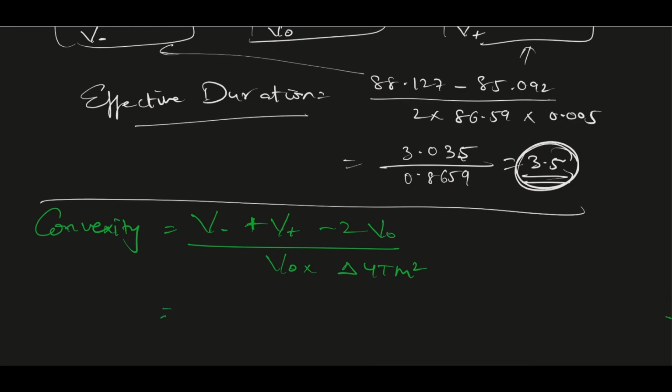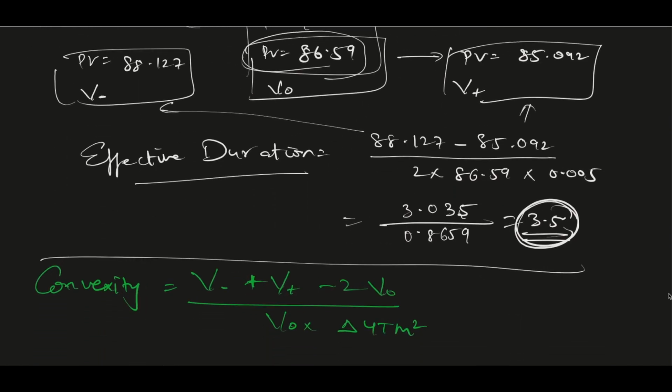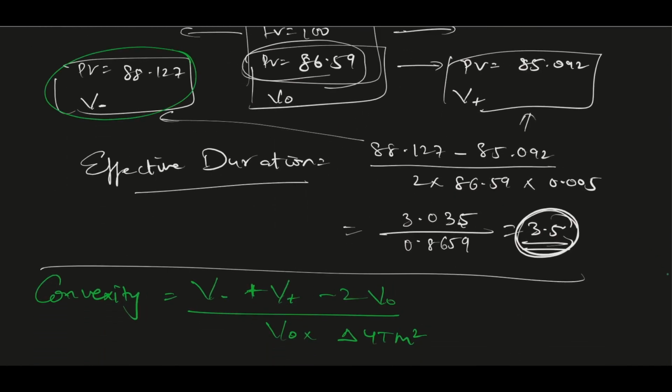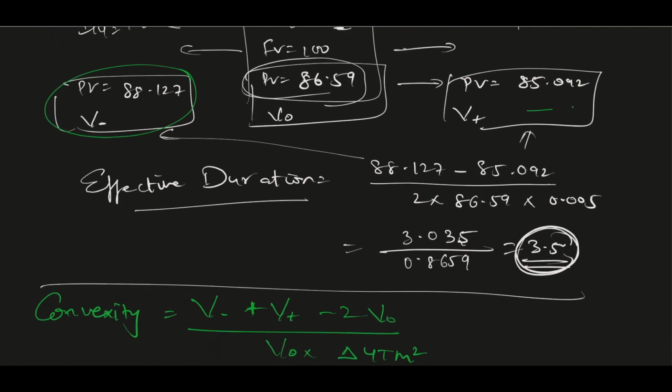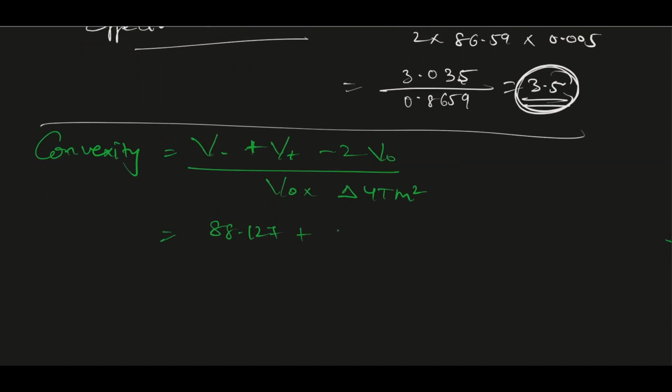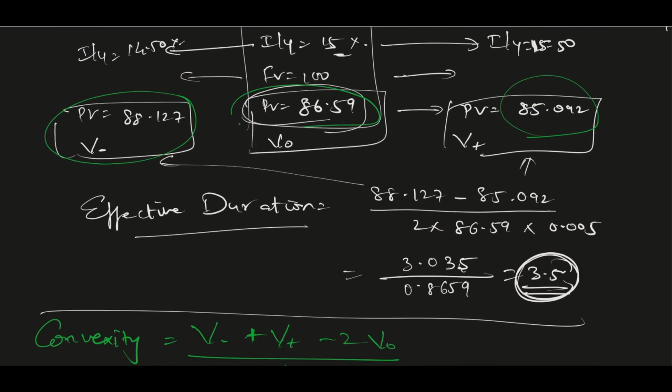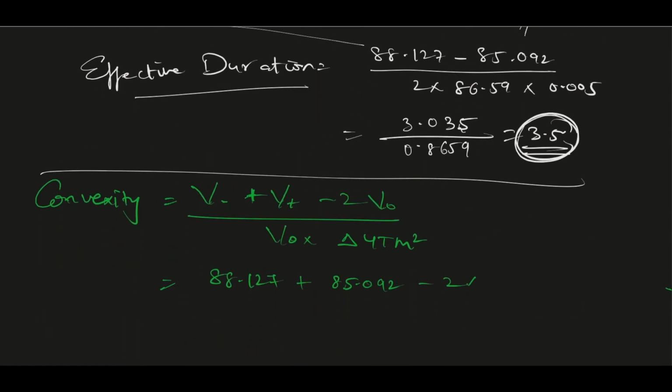Okay, so V minus we already know the value. V minus is 88.127, plus V plus, which is 85.092, minus 2 V0, V0 is 86.59, divided by 86.59 into, now because this is the second derivative, that's the reason why we are squaring it up.